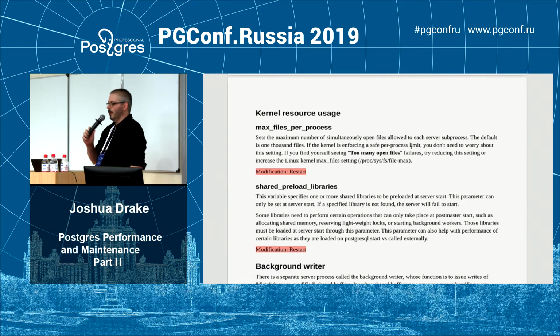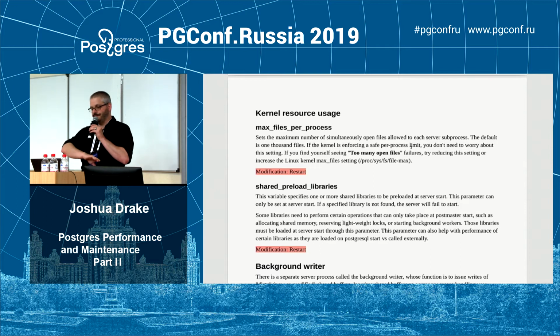So now let's talk about kernel resource usage. This is likely not going to have too much to do, or at least the first one won't have anything to do with your Windows folks. I have no idea how to set this on Windows. But it sets the maximum number of files that can be simultaneously opened by each server subprocess. The default is 1,000 files. Very busy servers will overrun this. It's pretty easy to change.